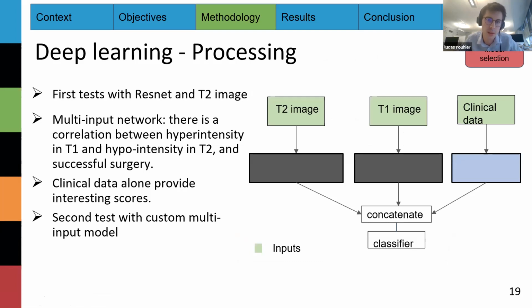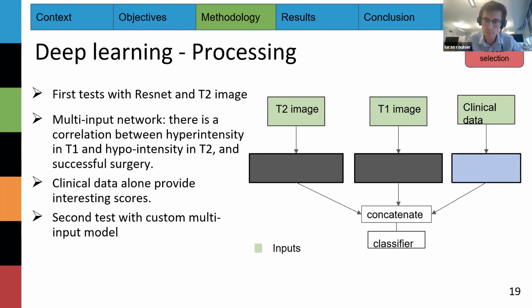For the processing, we did the first test with a ResNet and only T2 images, which was not working well. So we tried a different approach because there seemed to be a correlation between hyperintensity in T1 and hyperintensity in T2 and a successful surgery, which was discovered recently.